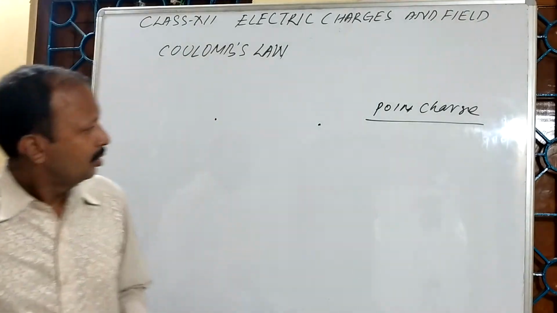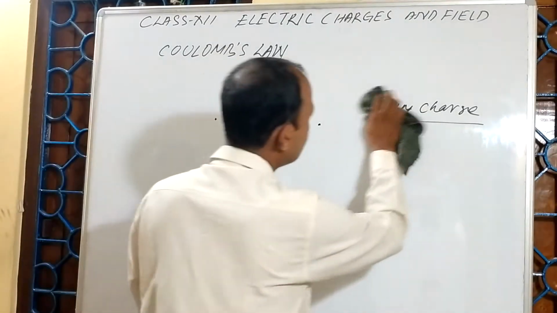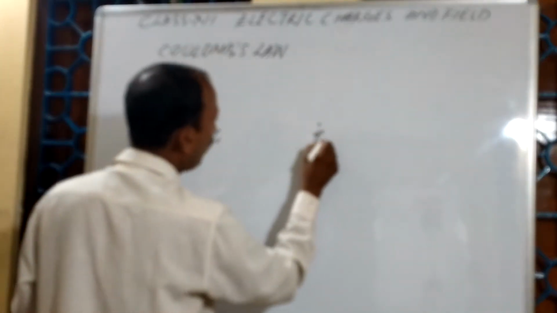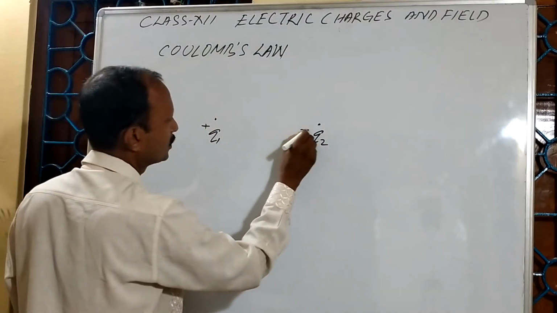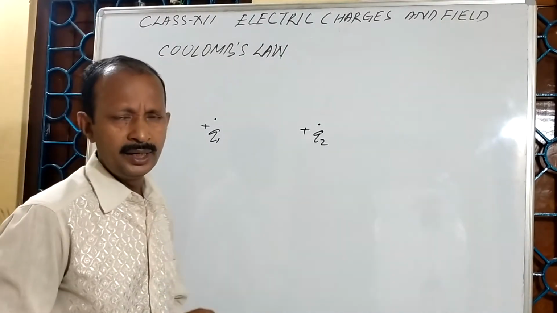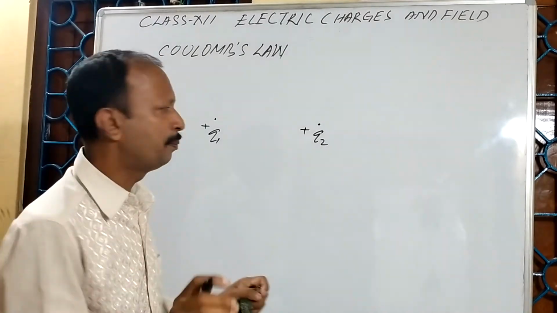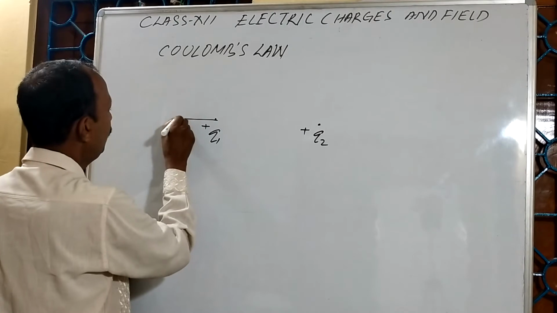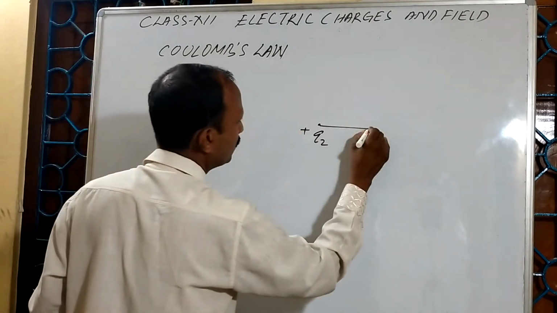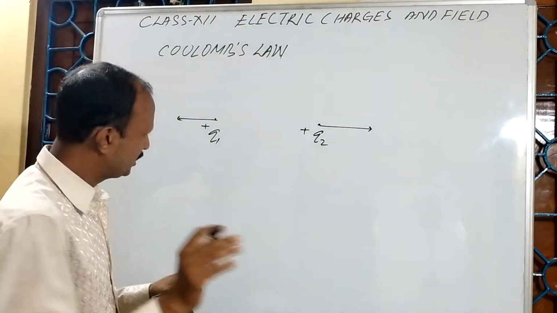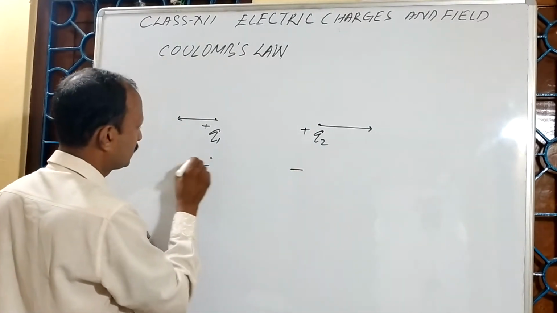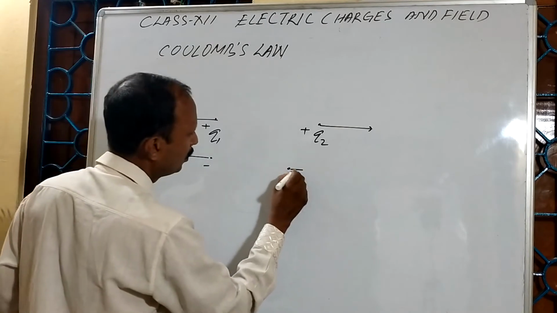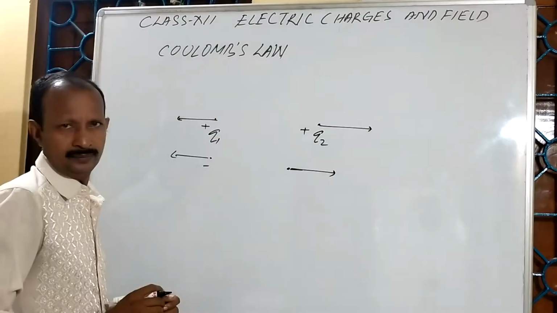Now let us see, Q1 and Q2 are two point charges. For example, if both are positive charges, what will happen? Definitely they will repel each other, no doubt. Similarly, if both are negative charges, they will also repel.